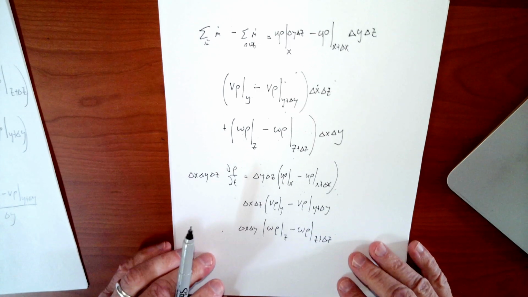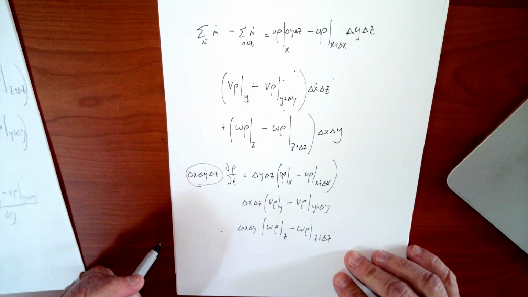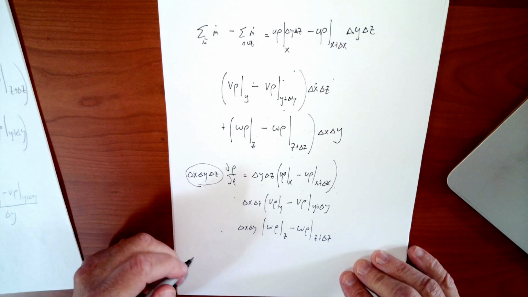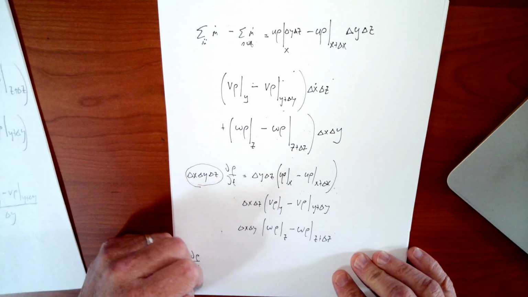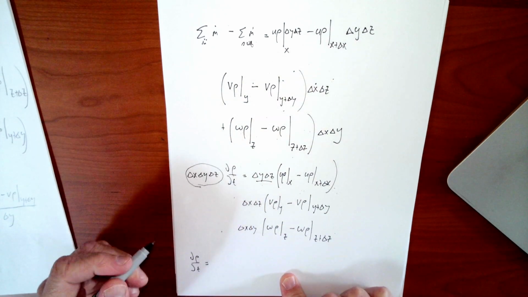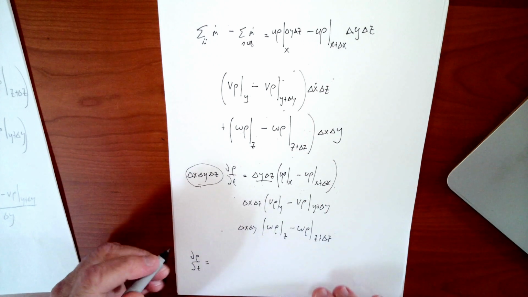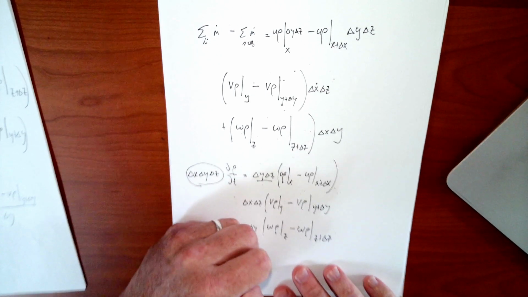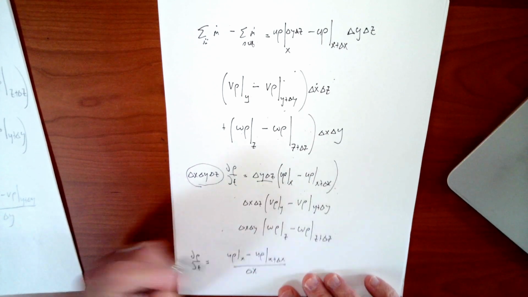Now I can divide everything by delta x, delta y, delta z. When I do that, it's d rho dt on the left. That's pretty easy. This term has delta y and delta z in it, so the only thing that ends up in the denominator is delta x. So I have u rho at x minus u rho at x plus delta x, over delta x.